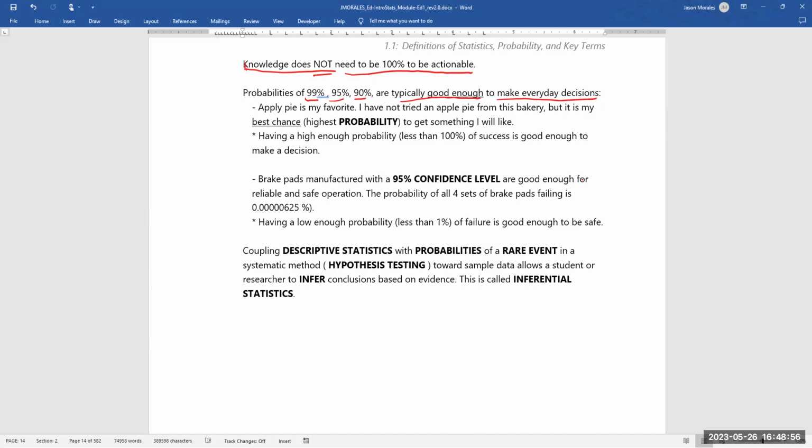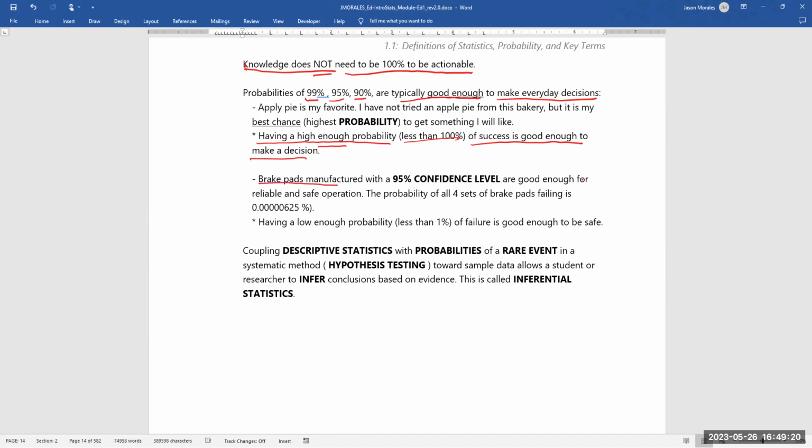So take, for example, apple pie is my favorite. I have not tried an apple pie from this bakery, but it is my best chance, highest probability, to get something I will like. So having a high enough probability, which is still less than 100% of success, is good enough to make a decision.